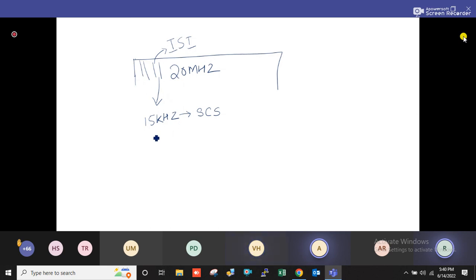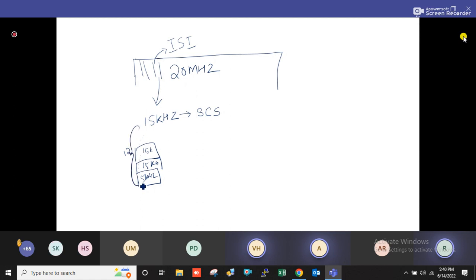Now 15 kilohertz is a very small frequency to do a transaction. So what they did, they grouped this 15 kilohertz into 12 subcarriers. So this is 15, there is one more 15 kilohertz here, there is one more 15 kilohertz here. Like this, they have grouped it into 12.